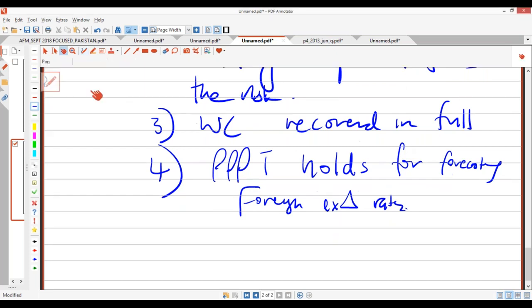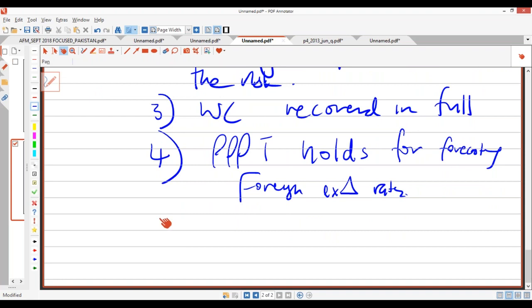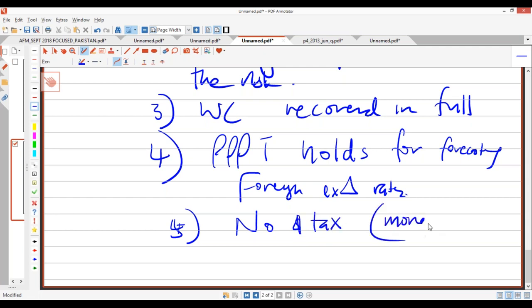Okay, very good. Now, what else can you say? Well, we're going to say the tax: there will be no tax on money remitted back home.